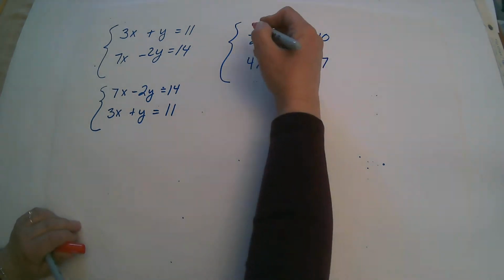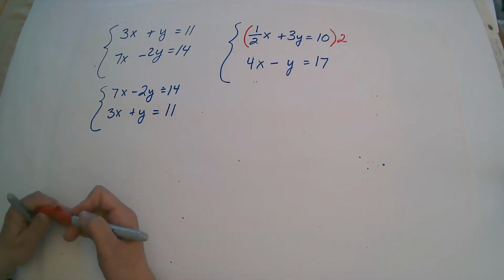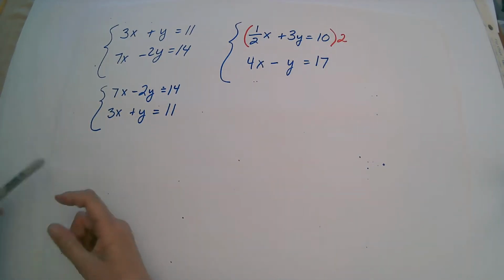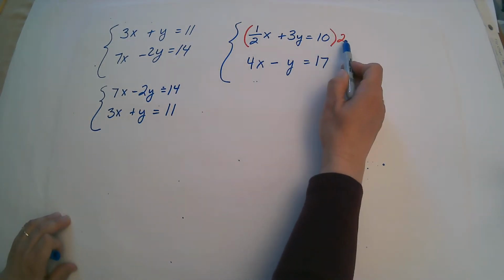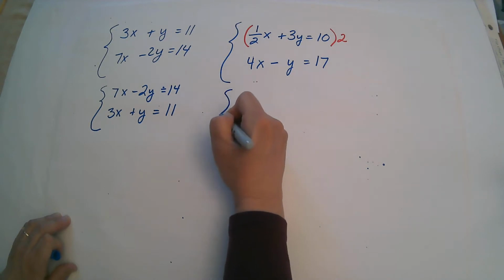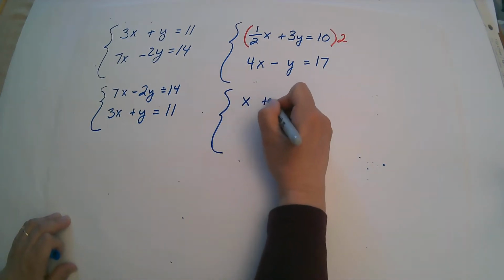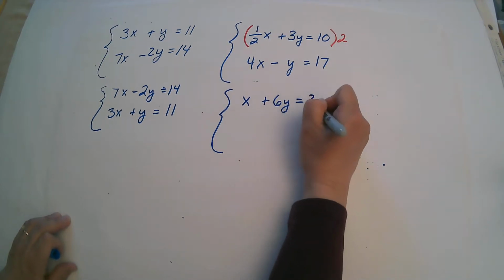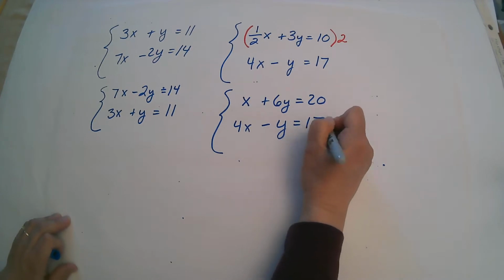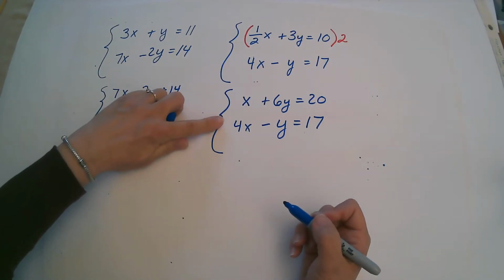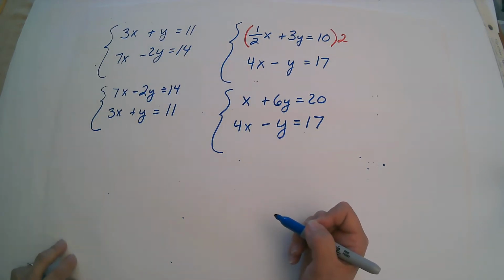Perhaps you would just choose to multiply this equation by 2. It's our multiplication property of equality that we use all the time in algebra that says if you have an equation, it's totally okay to multiply an equation by a constant. So we'd have x plus 6y equals 20 and 4x minus y equals 17. And this system is considered equivalent to this one. That means they would have the same solution.